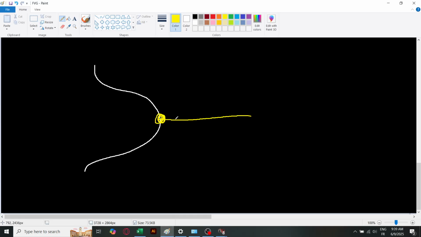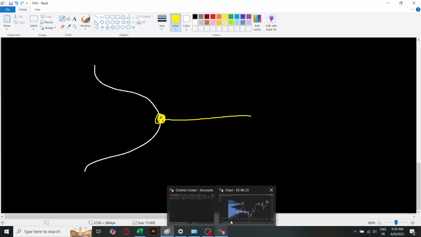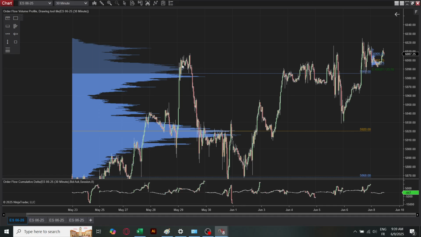This is where price accumulates because there is so much liquidity, so institutions can build their positions without worrying about huge price changes. Of course, if we come back over here, we can clearly see this is the area where the point of control is, and you can see that there are consolidations at this level.